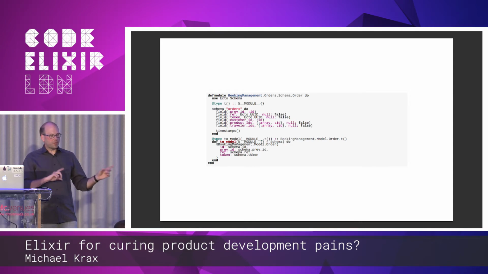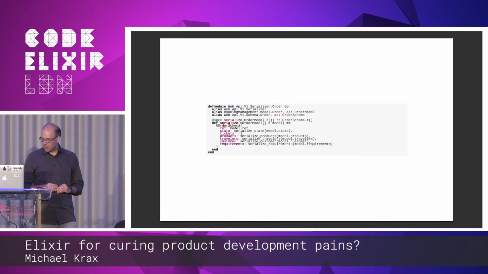And then we convert between those two models. And now this is actually the conversion between the front-end facing model, which allows us versioning, and the core model. And then there's another translation to the database.